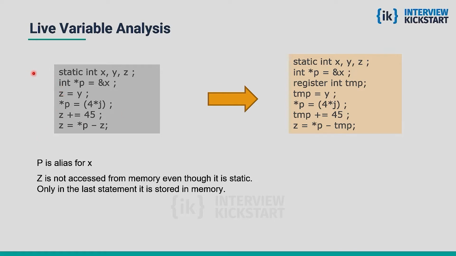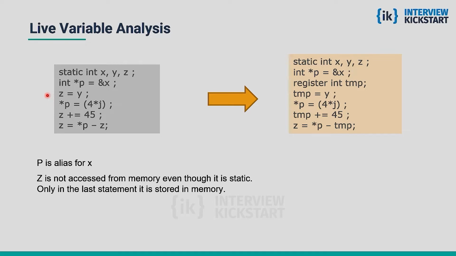In the code segment, the static variables are x, y, and z. There is a pointer variable, which is a local variable, which is an alias for the global or static variable x. And then instead of using x, only the alias is used in the computation sequence here.